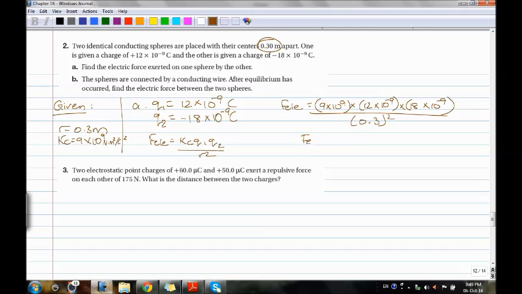So the electric force would be 2.16 times 10 to the power of negative 5 newton. Would it be attractive or repulsive? Here the charges are unlike, so they would attract. So it's going to be attractive. Now let's do B.